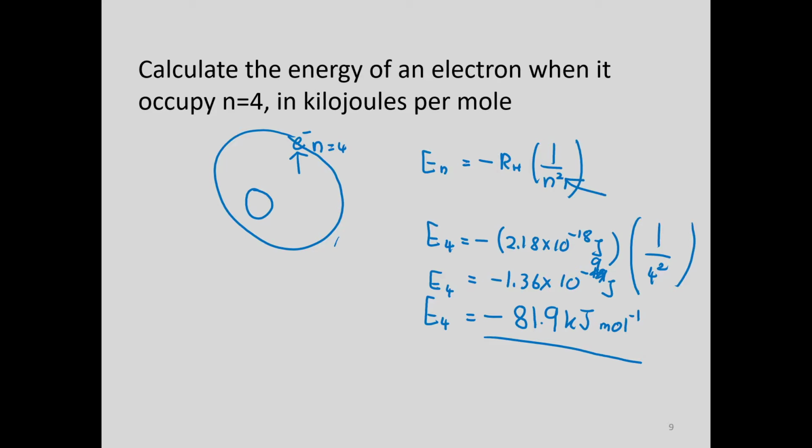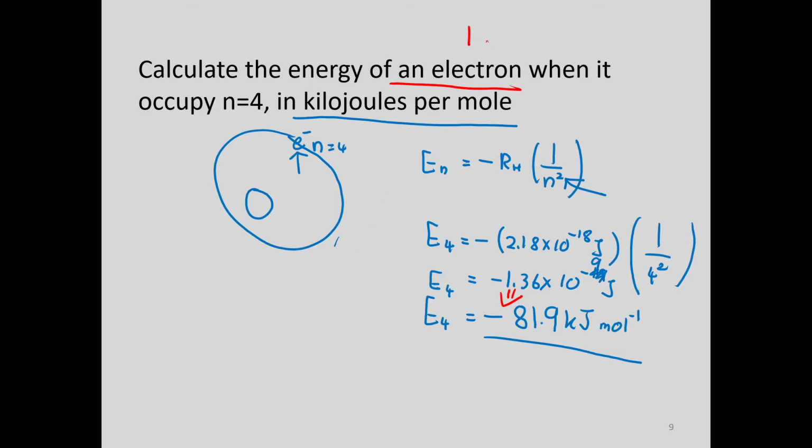Okay, so if you look at the question, dia nak in kilojoules per moles. So kita dapat joules, macam mana kita nak tukar ke kilojoules per moles. So if you think, okay, we are calculating energy of an electron.